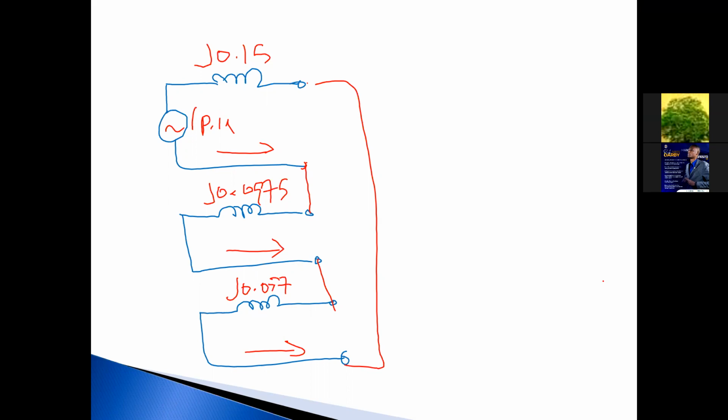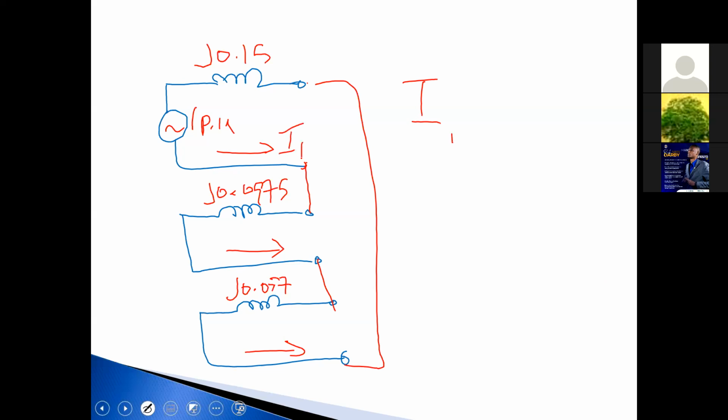So, Mr. Freighter. Yes, sir. All right, so based on what we have before us, what would I1 be equal to? What's I1 equal to?